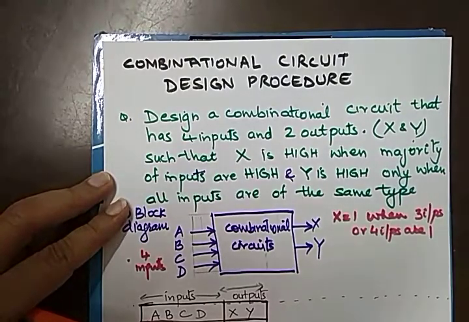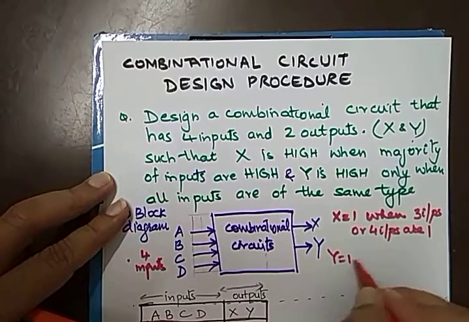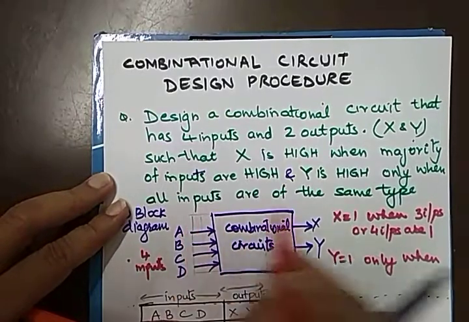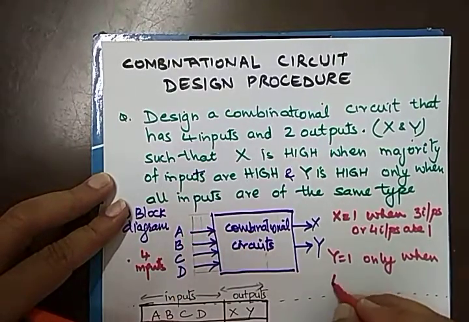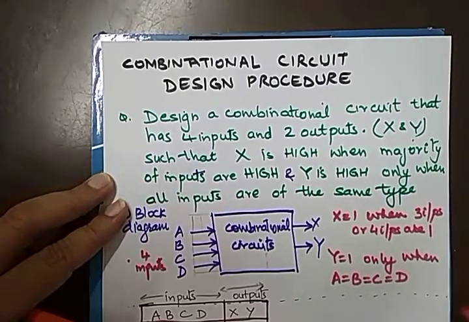Otherwise, X is 0. What about Y? Y will be 1 only when all inputs are of the same type. So we may write: only when A equals B equals C equals D.